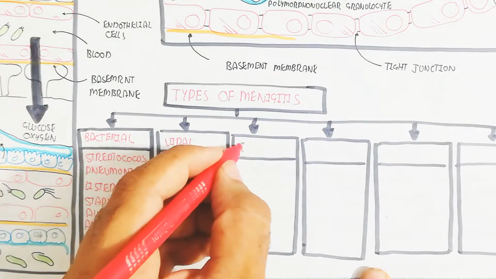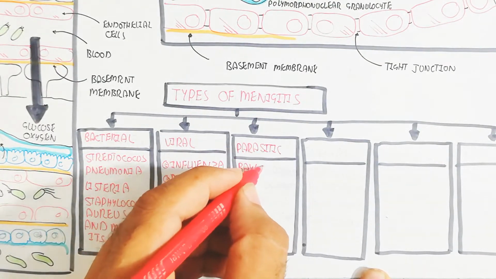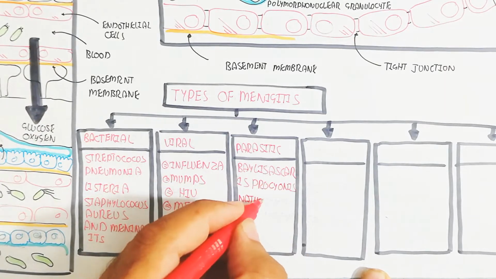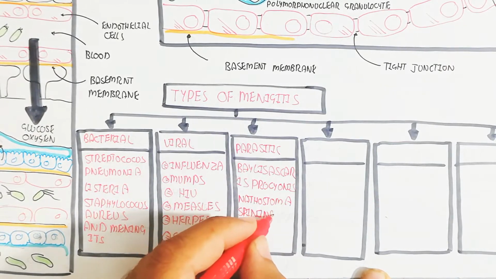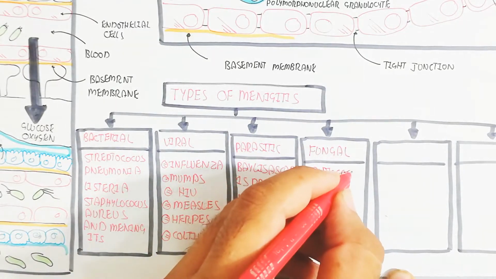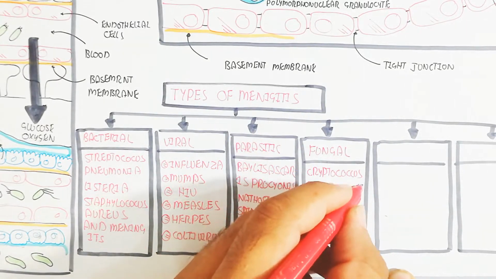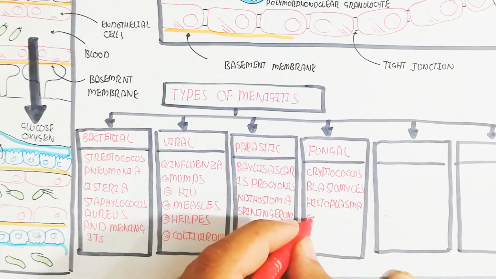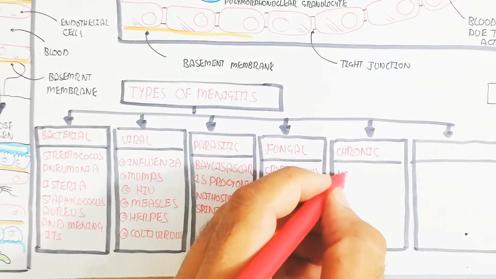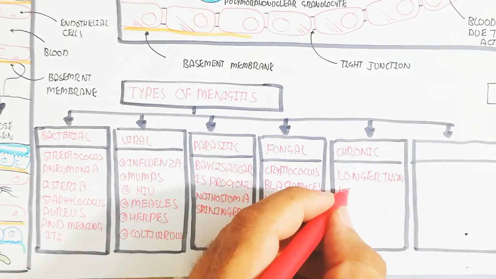Parasitic causes are Baylisascaris procyonis, Gnathostoma spinigerum, and on the other hand, the fungal causes are Cryptococcus, Blastomyces, Histoplasma, and Coccidioides.